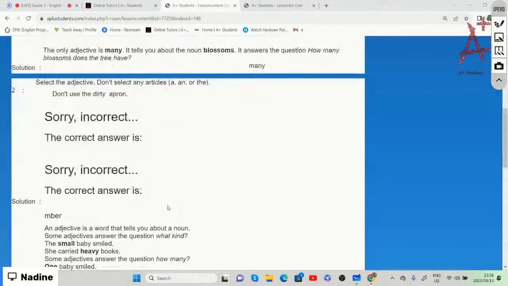Don't use the dirty apron. We need to select from that sentence the adjective. And remember, we said an article is not an adjective. We do not select a, an, or the.